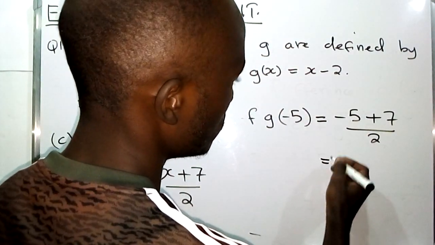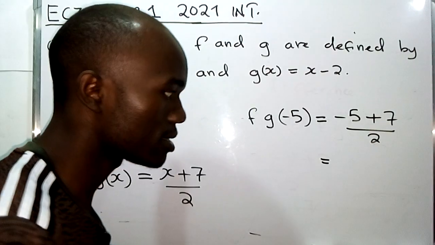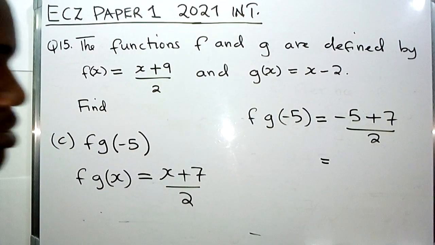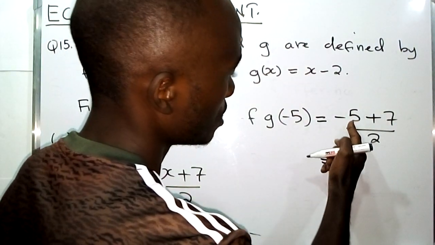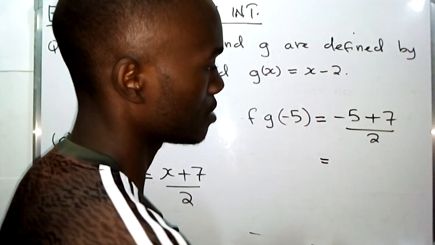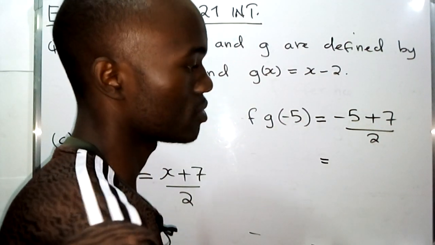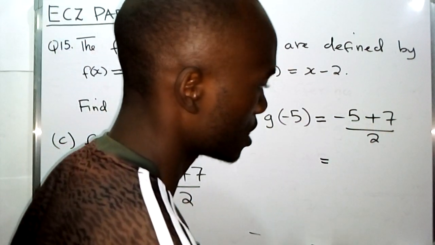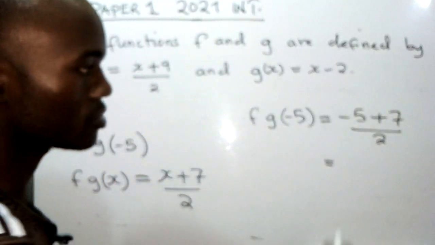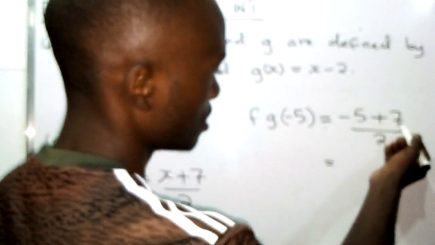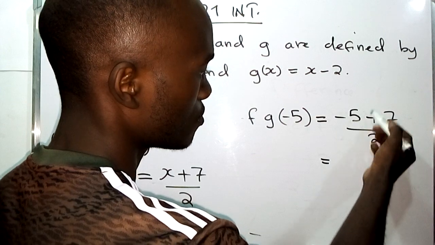We can of course simplify the numerator. Negative 5 plus 7 just gives us positive 2. Different signs, you subtract, and get the sign from the bigger number. So you have negative 5 plus 7, so we subtract and get the sign from the bigger number.